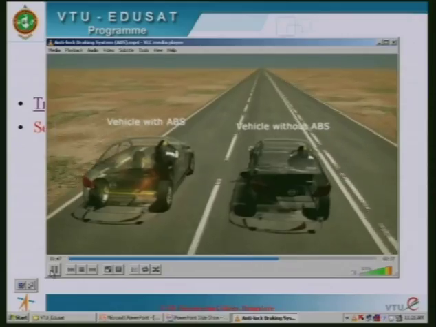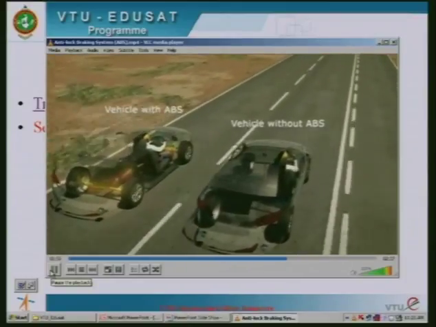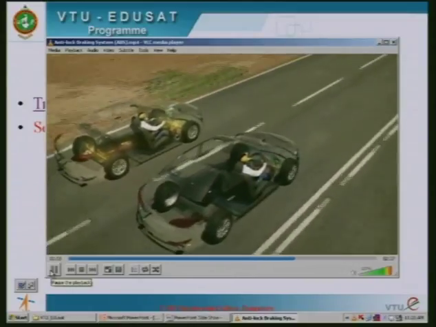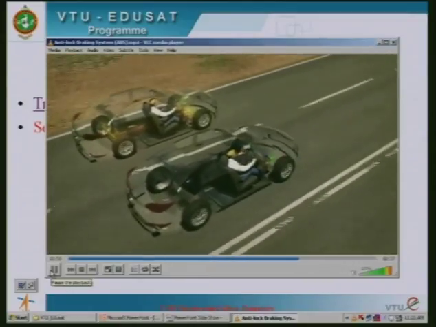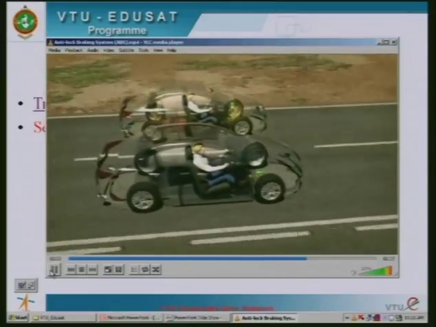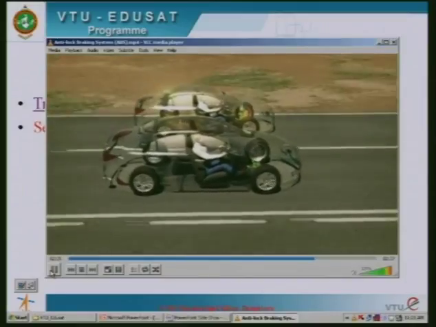The vehicle on the right does not. Both vehicles are travelling at 100 kilometers per hour. Let's simulate an emergency braking situation and see what happens. Both drivers apply their brakes at the same time and with the same force.